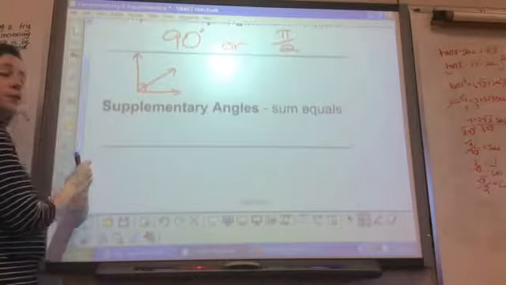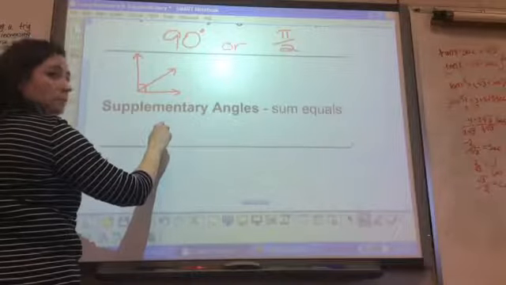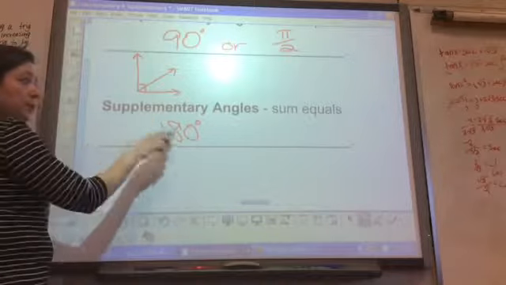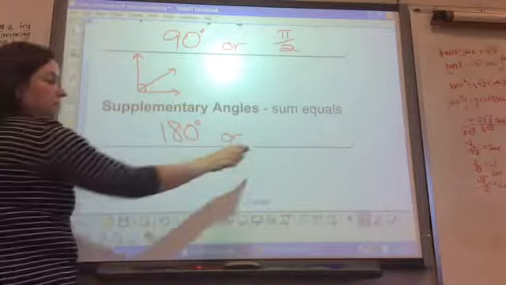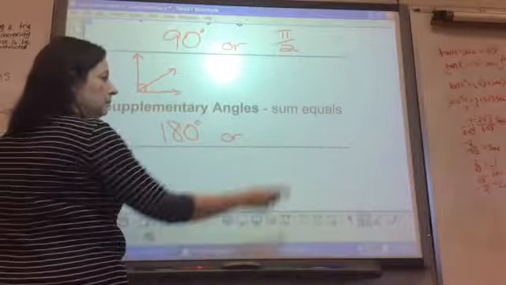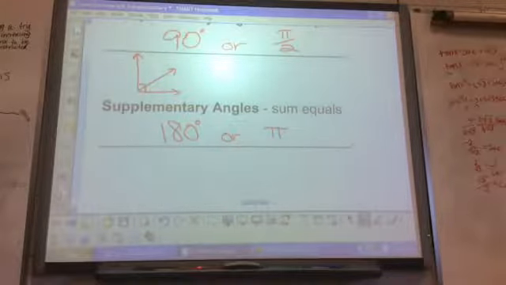Unless they're supplementary, and the sum of those should be 180. Good. So supplementary is 180, or what's the radian equivalent for that? 180 times pi over 180, pi. Thank you.